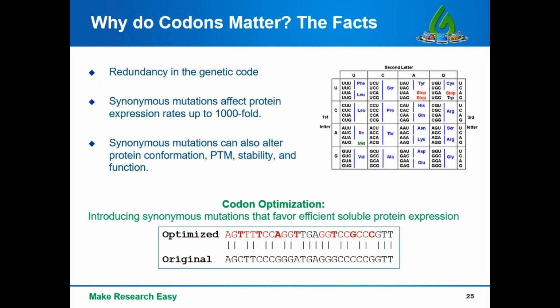However, what's often overlooked is that synonymous mutations, by which I mean any mutation that changes the codon but doesn't change the amino acid, can affect protein expression rates up to 1,000-fold. Synonymous mutations themselves can alter protein conformation, stability, and function. Codon optimization plays on this by introducing synonymous mutations that will favor efficient soluble protein expression in your host.